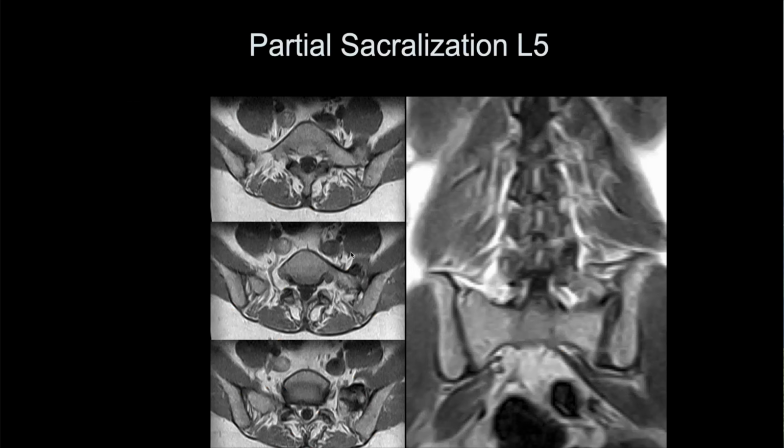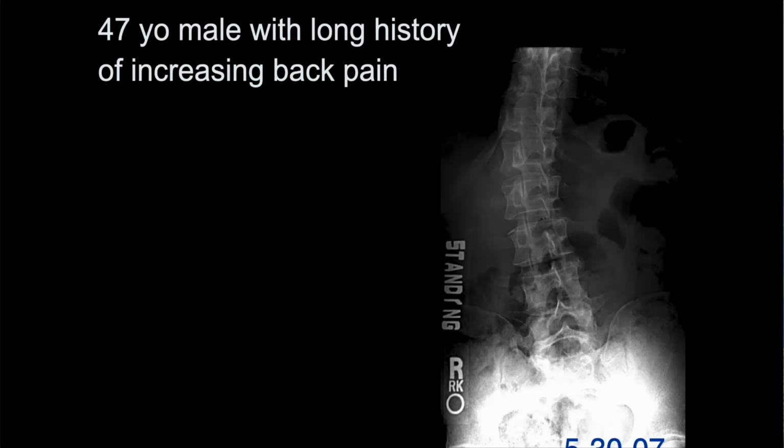On one side, it tends to produce stresses in the spine, which tend to affect the L4-5 disc, causing early degenerative disease of the L4-5 disc. In my experience, this is the most commonly missed significant congenital anomaly in the lumbar spine. And we're going to come back to this later.